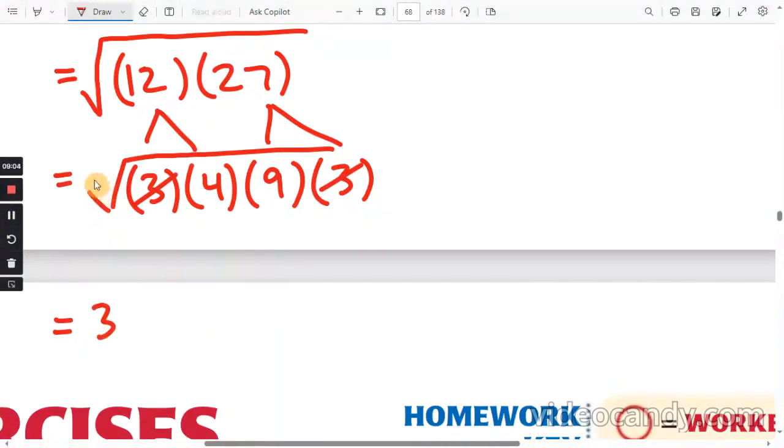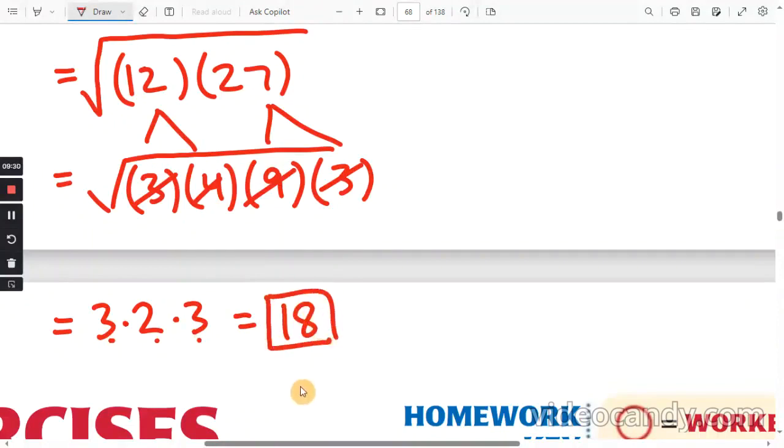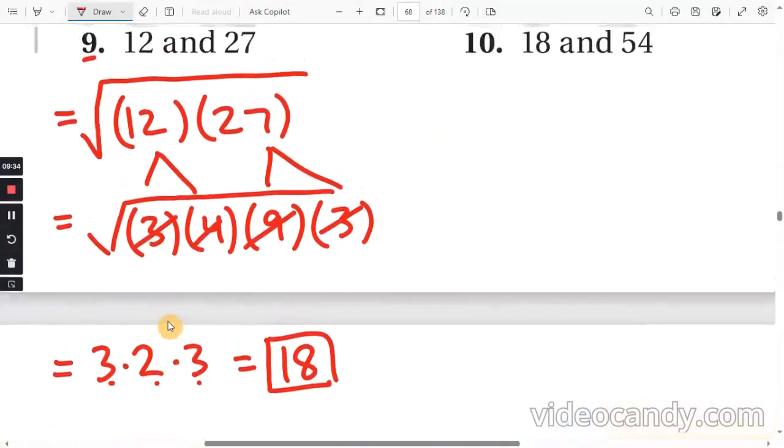You bring that outside of the square root. The square root of 4 is just 2, so we have 3 times 2. And the square root of 9 is just 3. So we canceled everything under the square root. 3 times 2 is 6, times 3 is 18. So that's for 12 and 27.